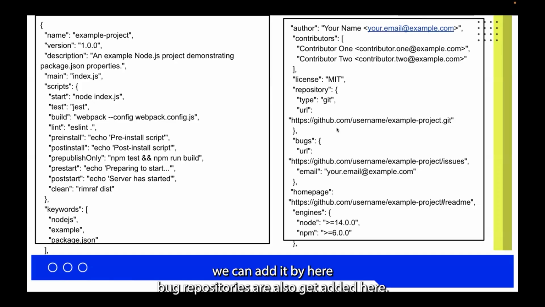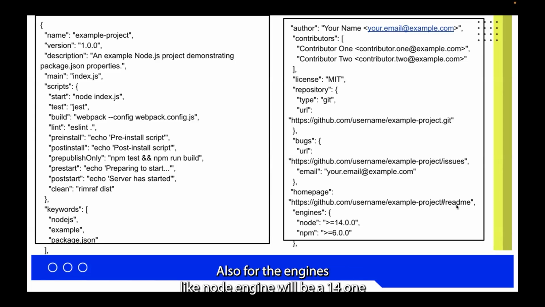Bug repositories are also added here, where developers working on their modules or packages can add bugs they are facing. Homepage for the site or the GitHub repository can be added here with the readme file, so anyone who is going to clone it or needs to understand things can find it here.